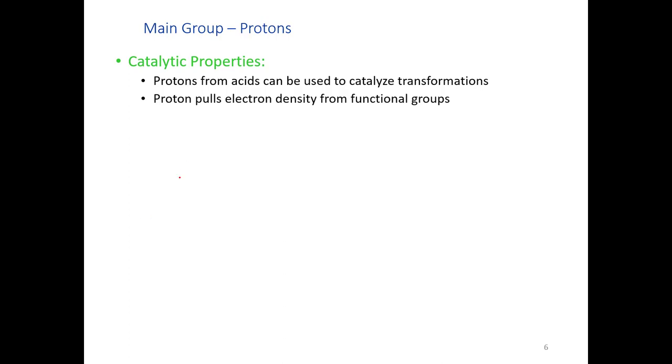So here is just an ester. And if you have an acid, this lone pair can attack the acid and get protonated. This forms a positive charge on the oxygen, which makes this carbon much more electrophilic.